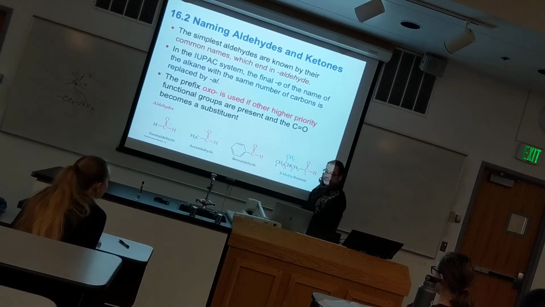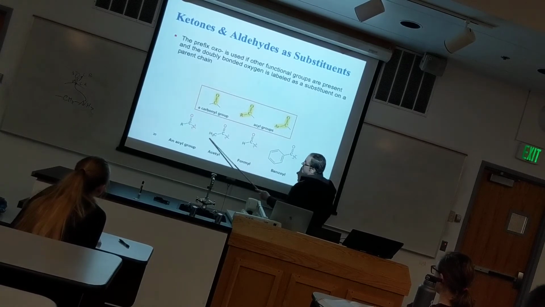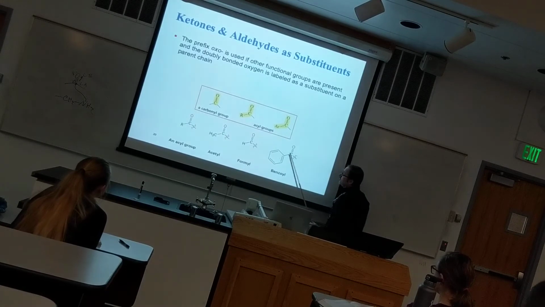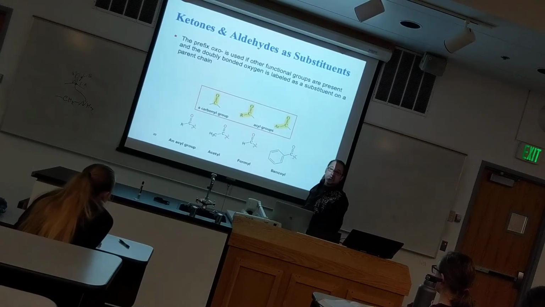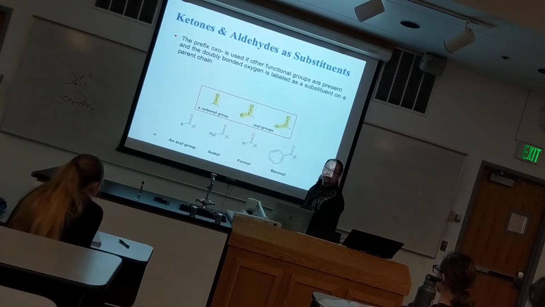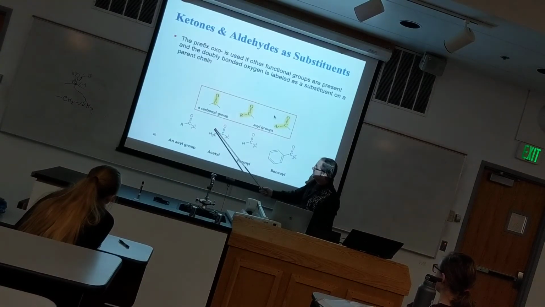Don't worry, we're going to have a formal naming section. So, this is just an acyl group. This is the acetyl group, the formyl group, the benzoyl group. Okay? These are the 3 that are the most important to get started on. All right? Which 3? These right here. The acetyl, the formyl, and the benzoyl.